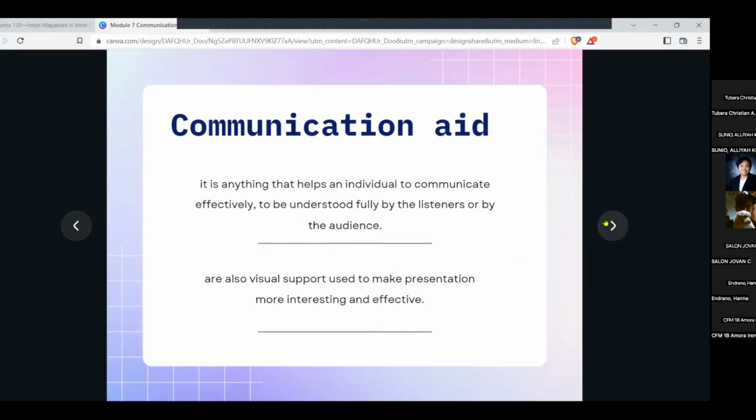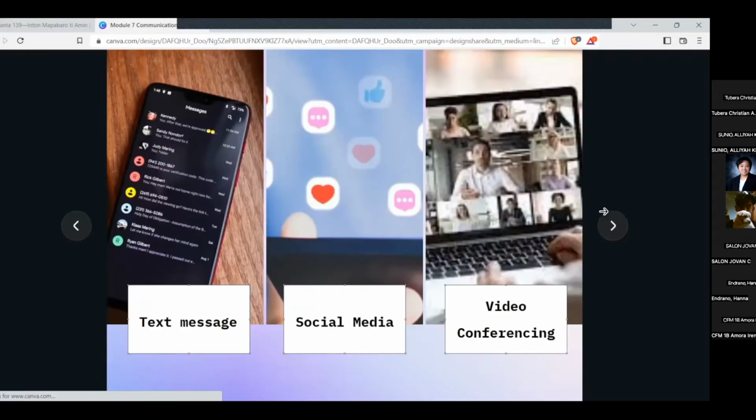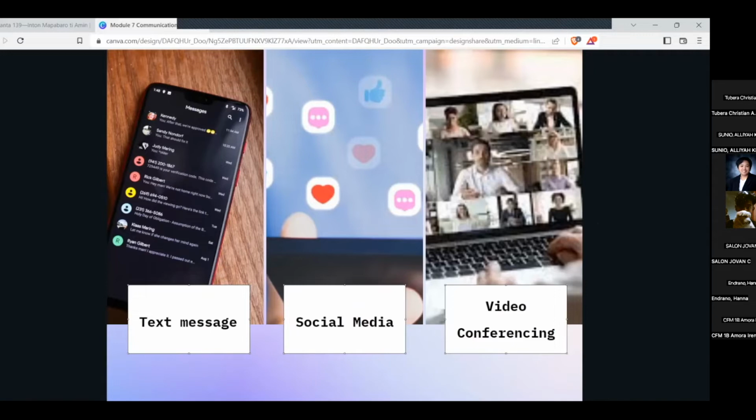And please take note, it's not always based on the digital, but we have, of course, technology-based communication aids. What are these? We have text message, social media, video conferencing.